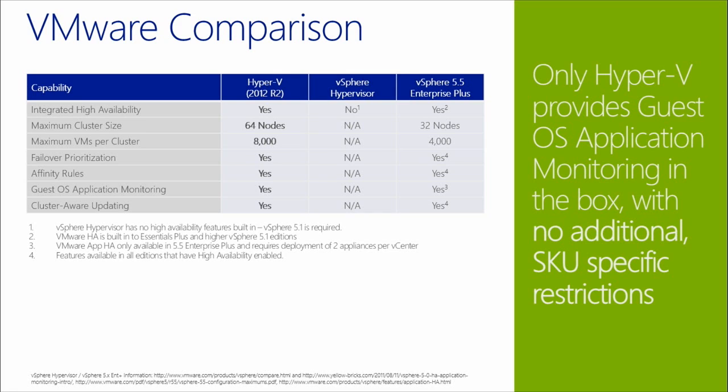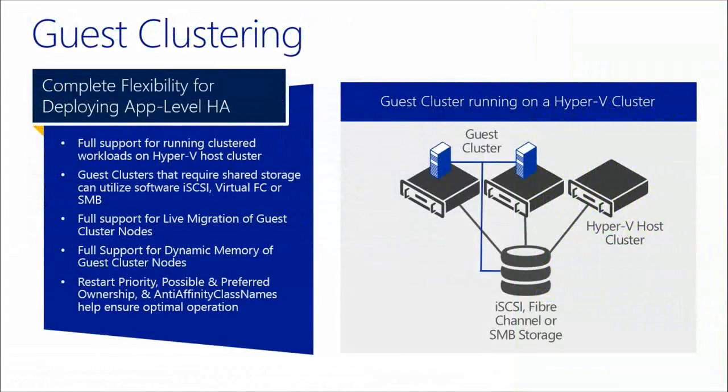Yet with Hyper-V, and even the free Microsoft Hyper-V Server, all the clustering capabilities are built in, including cluster shared volumes, 64-node clusters, 8,000 VMs, and virtual machine monitoring. So inbox and free with Hyper-V, with additional costs if you're looking at using this with vSphere.